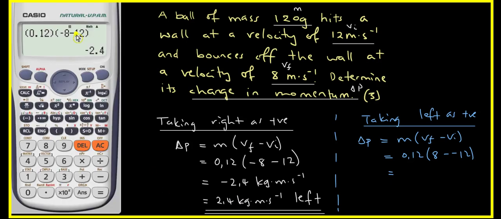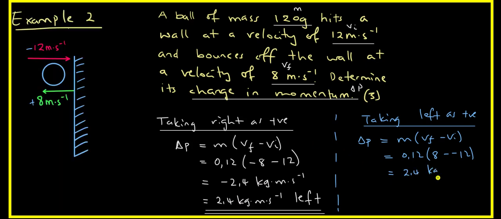So 0.12 multiplied by 8 minus -12. That's positive. So I'm getting 2.4 kg meters per second. My answer is positive, meaning that it's to the left, according to what I've chosen as positive.